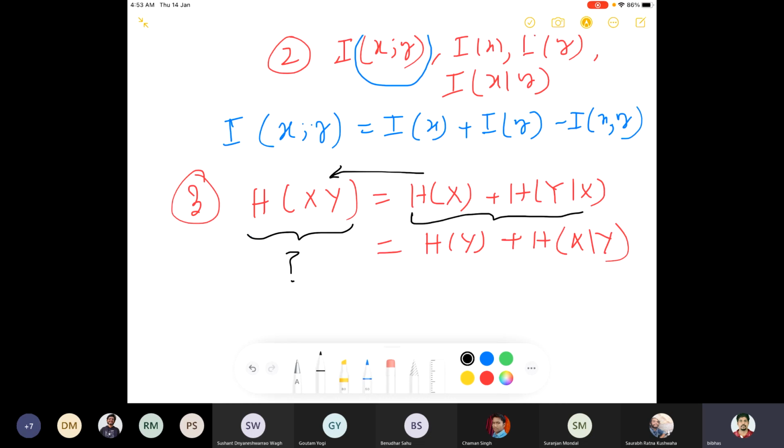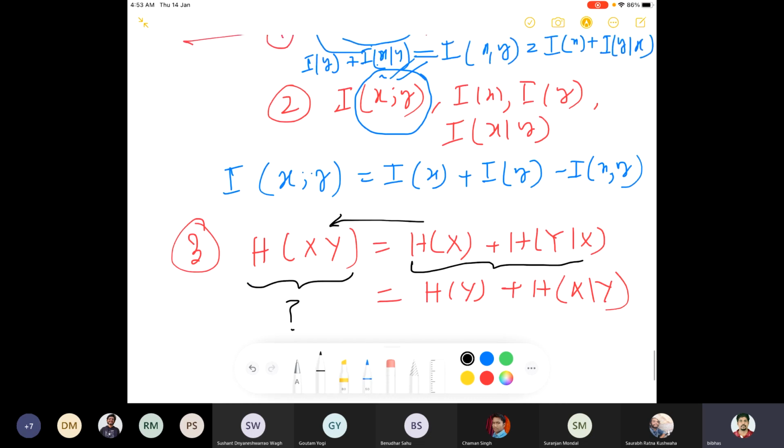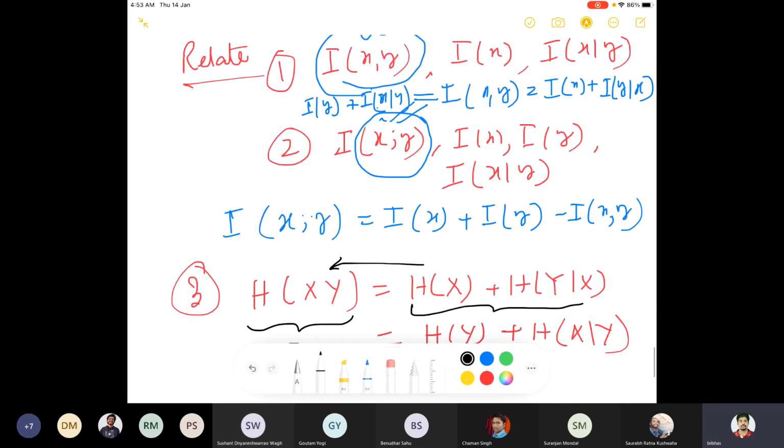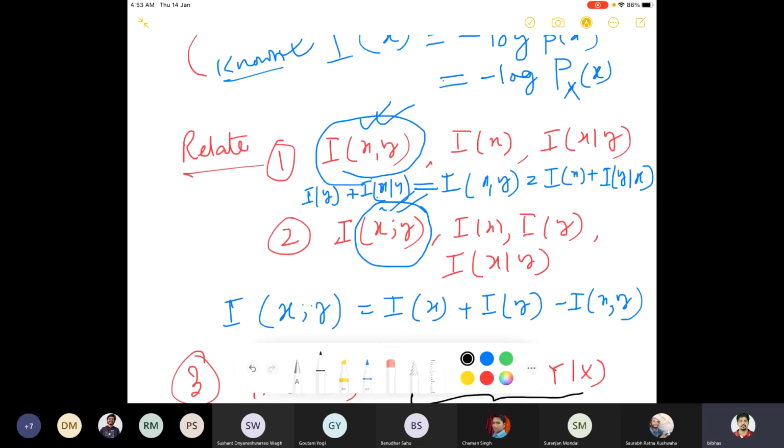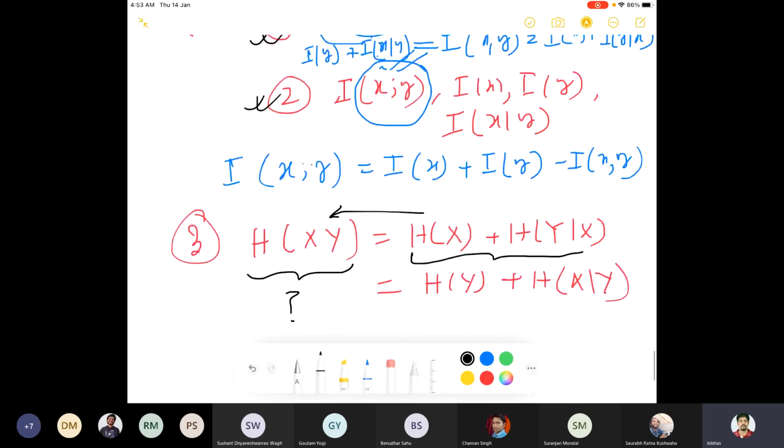My question is, all these H quantities are obtained as an average value, corresponding to something like self-information, average self-information. So since we have these relationships, 1 and 2, taking the average on both sides, can we prove the third one?